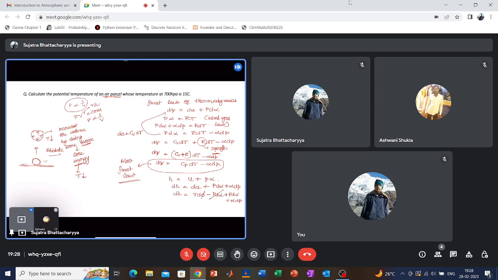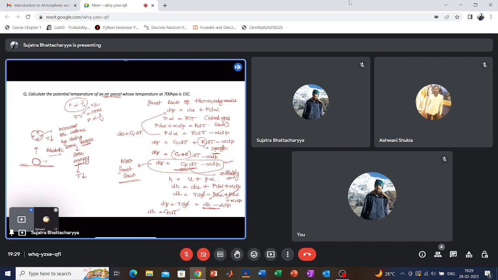So P d alpha can be chopped. Now T d phi is nothing but dq as per the definition of entropy. So this will be dH minus alpha dP. Now compare this equation and this equation. So dH will be equal to Cp dT. So this is not the heat, this is the change in enthalpy. This is the equation which we will use to derive the potential temperature.